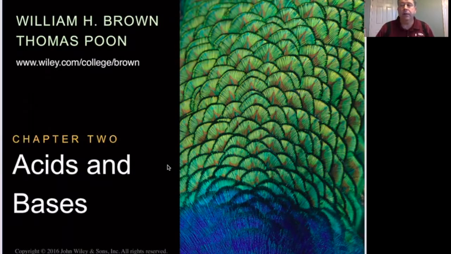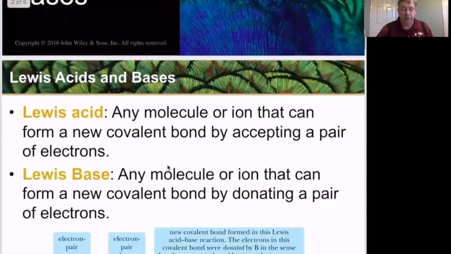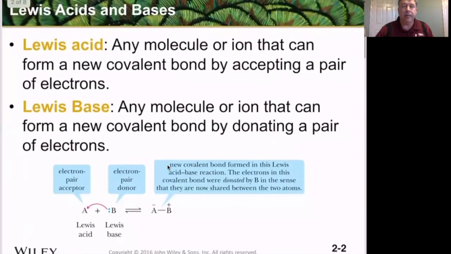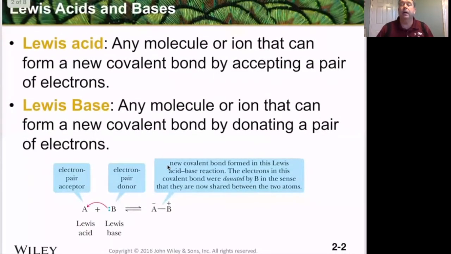We'll continue with Chapter 2, Part 3, Acids and Bases. So we've already talked about Arrhenius acids and bases and Bronsted-Lowry acids and bases. I want to take you to an even broader term for organic acids that we will use a lot in the rest of this course.